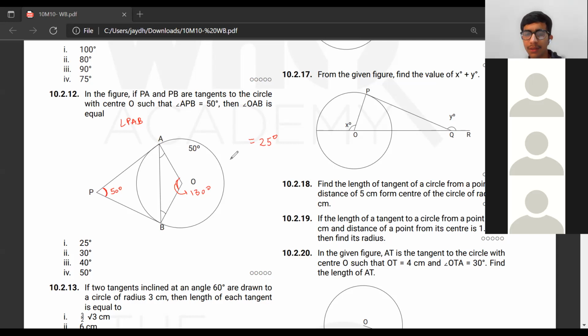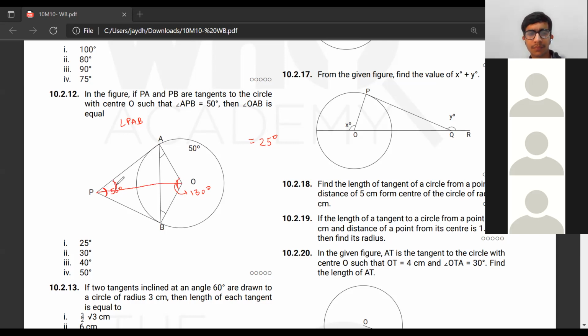Yes, Abhishek, Ananya. Yes, sir. I've used the second method. So first, I removed OP, which bisects angle 50 degrees.